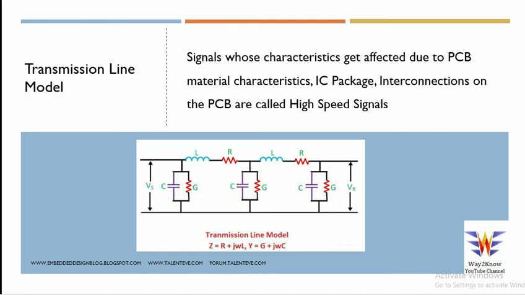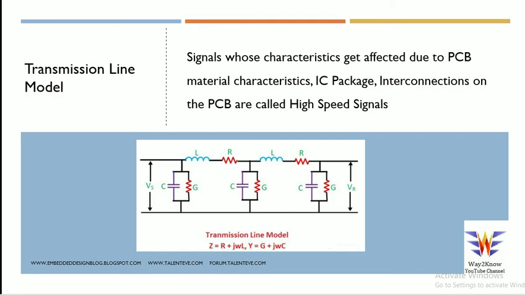So the same distributed circuit, if you think of a transmission line, for example a line which is carrying a signal, or a cable, this transmission line will have some resistance, inductance, capacitance over a length. Now coming to the high speed signals, we are saying that they get affected due to PCB characteristics.